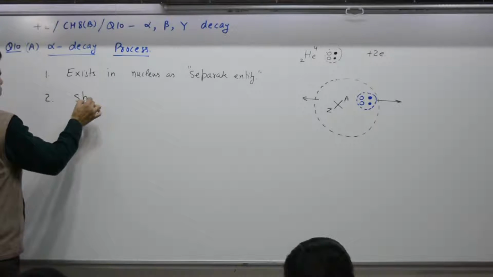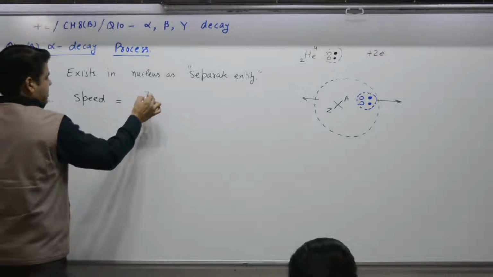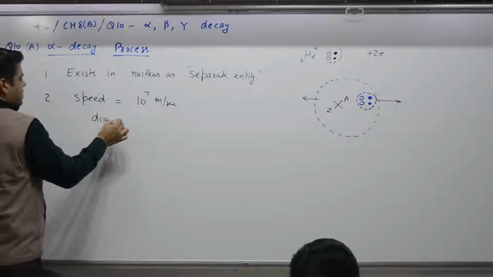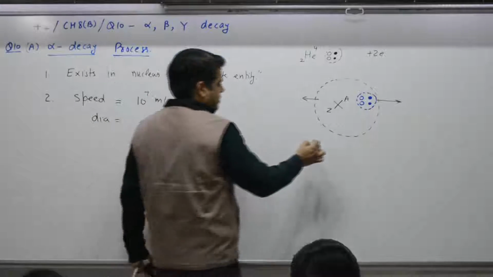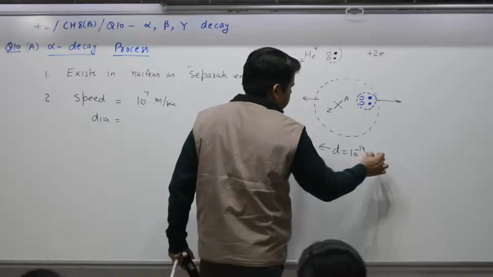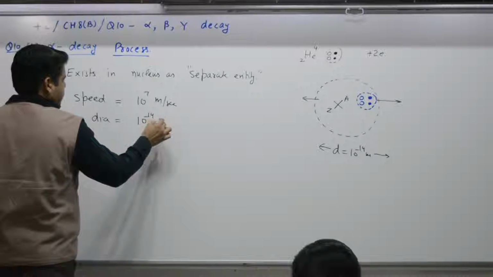The alpha particle moves at a speed of 10 to the power 7 meter per second. The diameter of the nucleus is 10 to the power minus 14 meters.